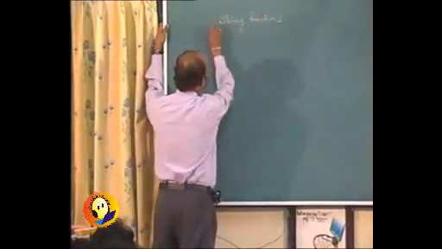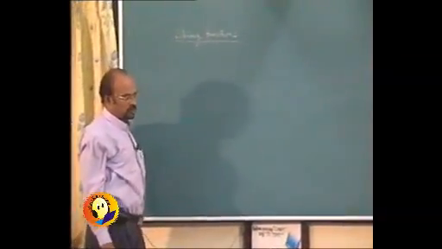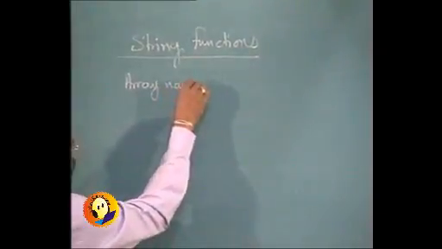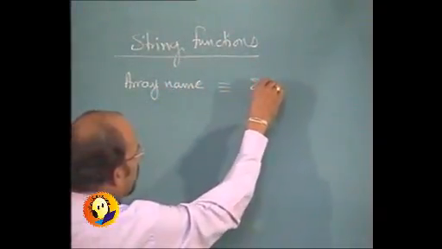We are going back to the string functions which we have already written, this time using pointers. We have already said that array name is nothing but the start address.